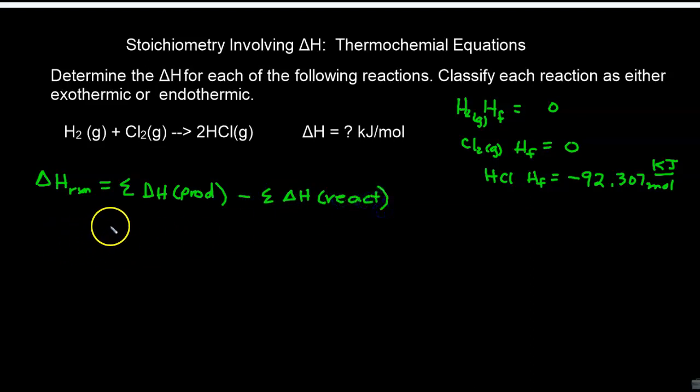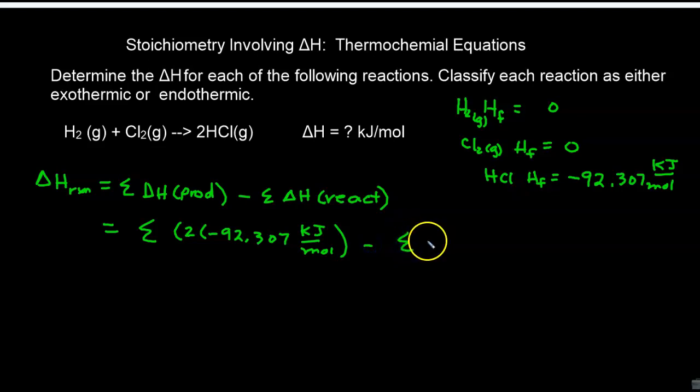Okay, so we'll go ahead and fill those in. So the sum of our products, well, in this case, we only have the one product, so we really are not doing a summation, but we have two of those, and each one being negative 92.307 kilojoules per mole. So we'll go ahead and write it that way.